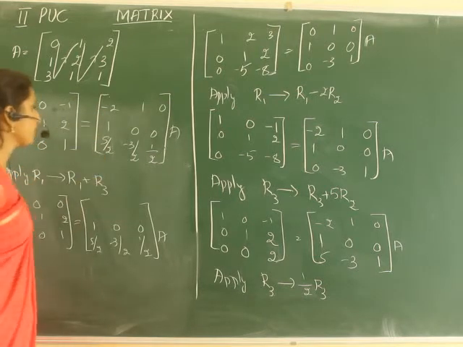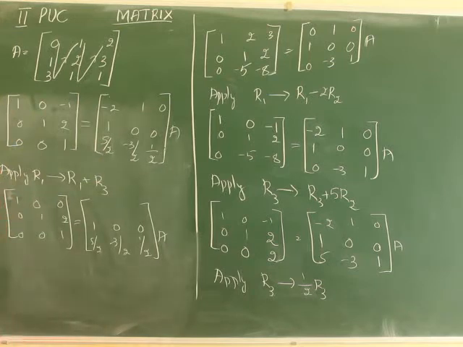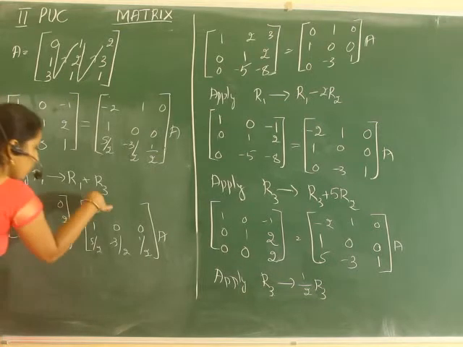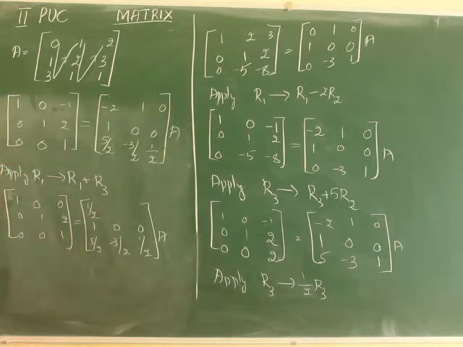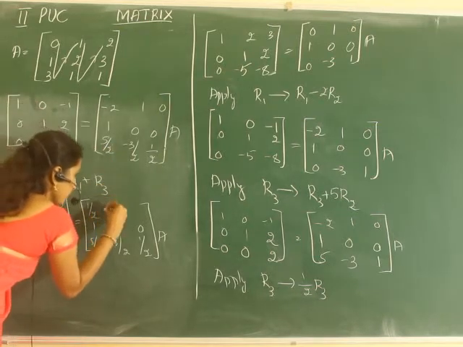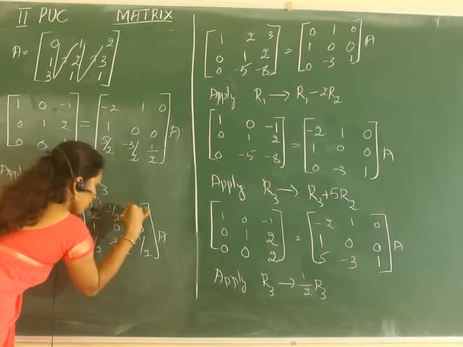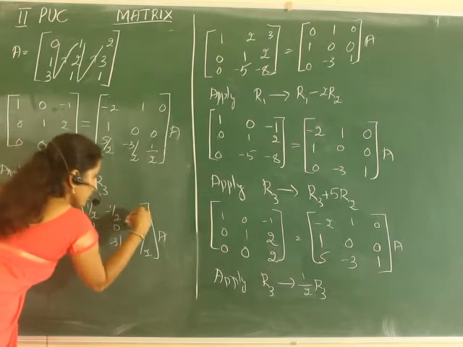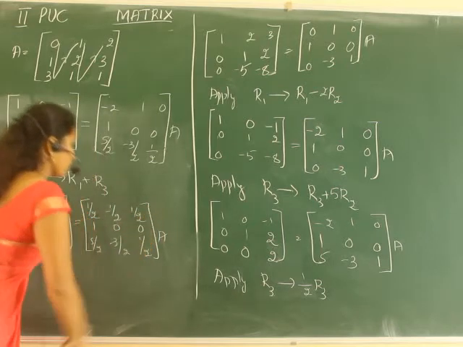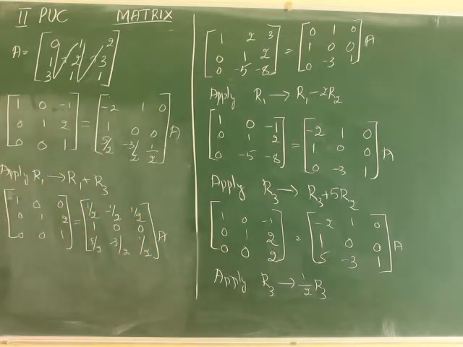Minus 2 plus 5 by 2 will be, taking LCM, minus 4 plus 5 is 1 by 2. Then 1 plus minus 3 by 2 is minus 1 by 2. 0 plus half is 1 by 2. So half, minus half and 1 by 2.